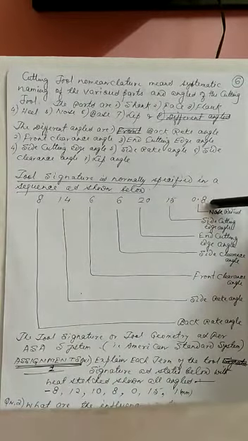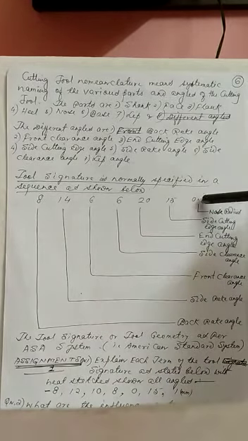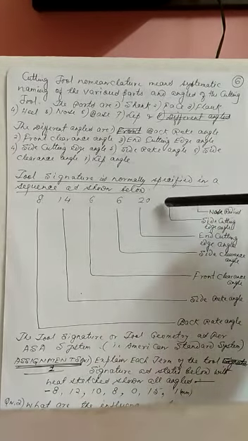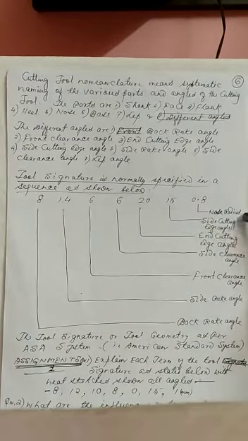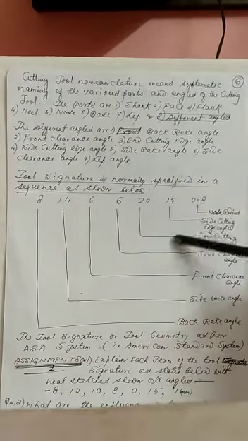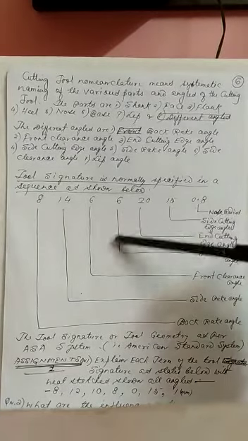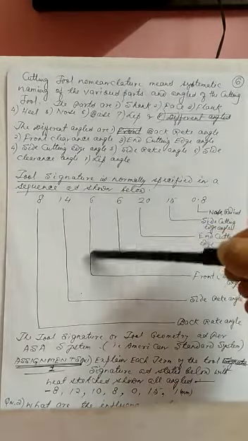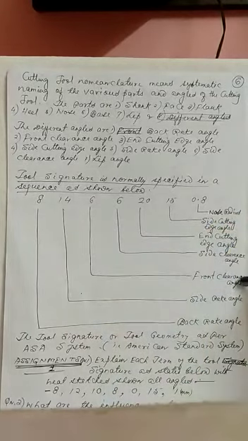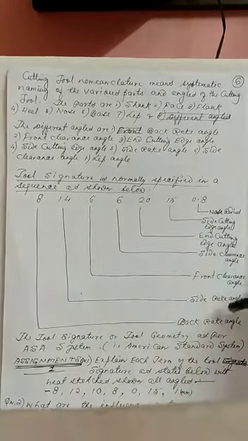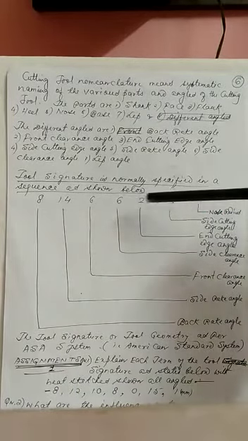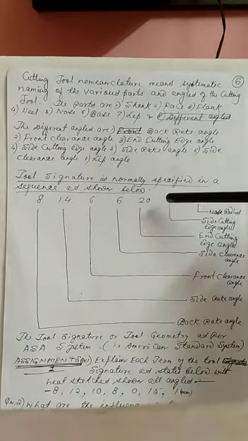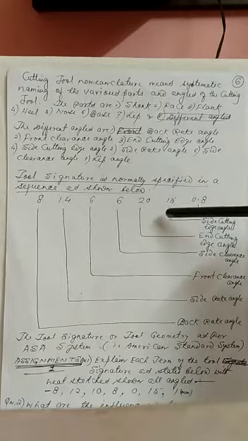This is the nose radius given in millimeters, and all of these except the 0.8 are in degrees. First it is called nose radius, then 15 is the side cutting edge angle, then 20 is the end cutting edge angle, then 6 is the side clearance angle, then again 6 is the front clearance angle, 14 is the side rake angle, and 8 is the back rake angle. So this is a designation. It is maintained throughout the world. This is the international system.